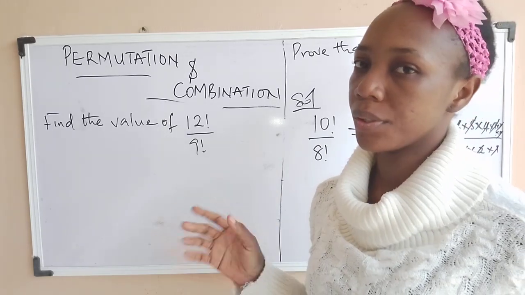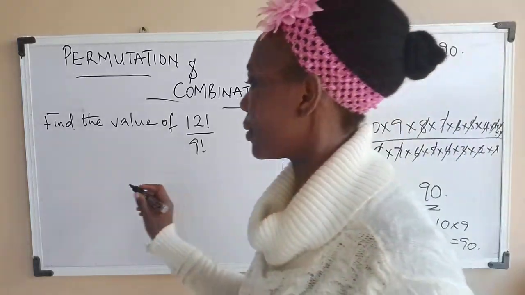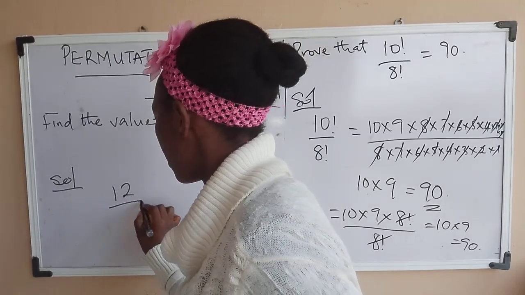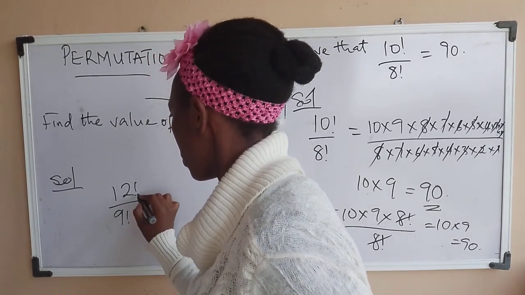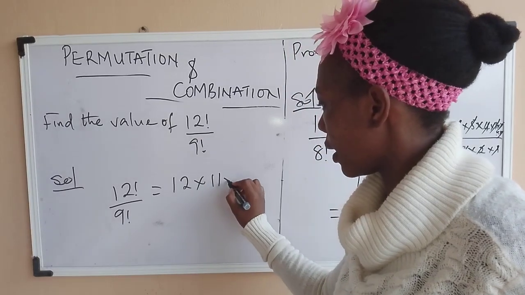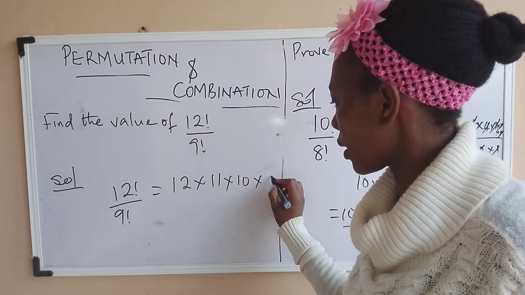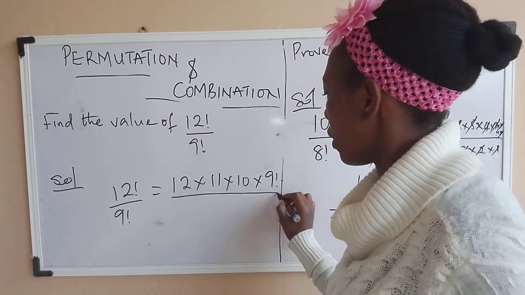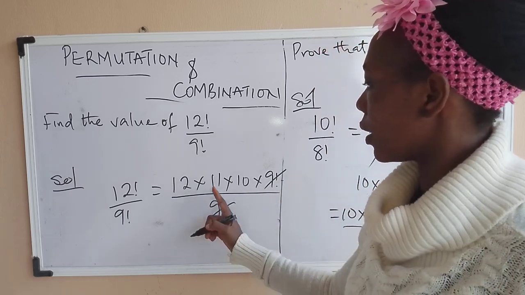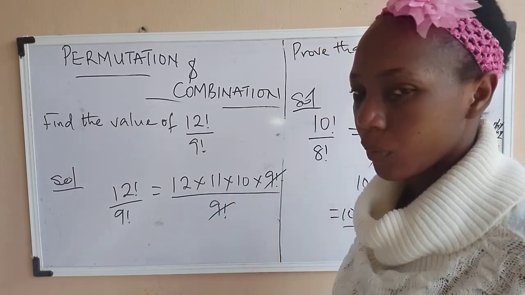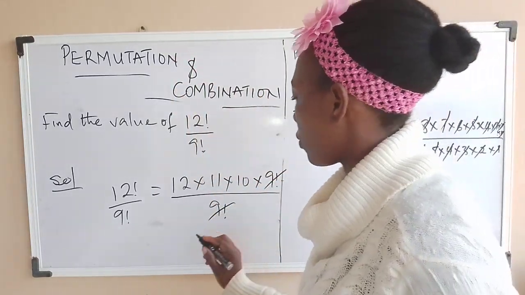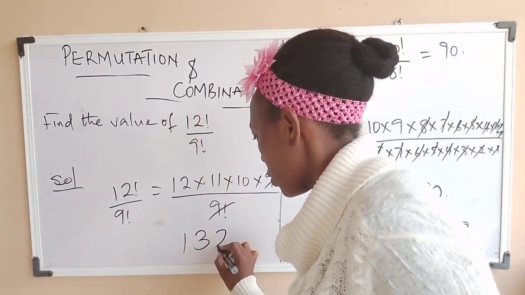But I'm going to be using the short one because I don't want to waste time here. So this will be 12 times 11 times 10 times 9 factorial, all over 9 factorial. Now this strikes this. We are left with 12, 11, and 10. And when we multiply that, we're going to have 1,320.